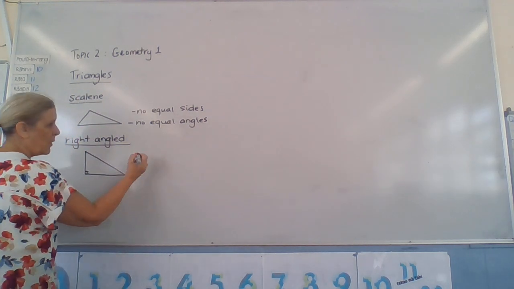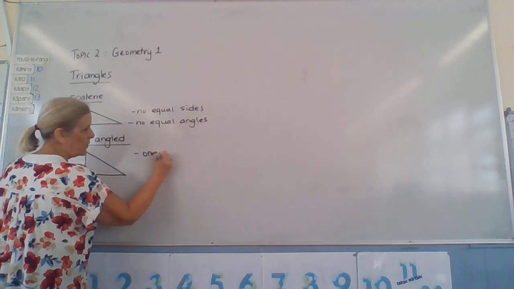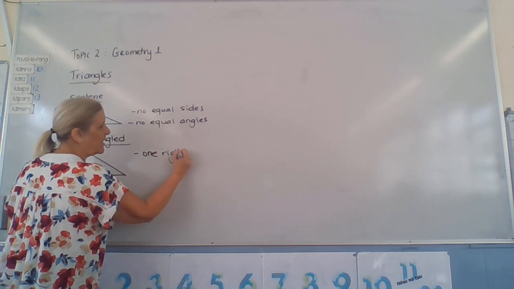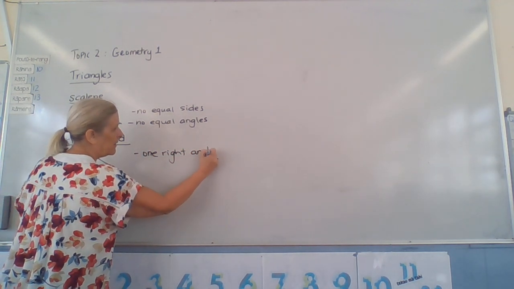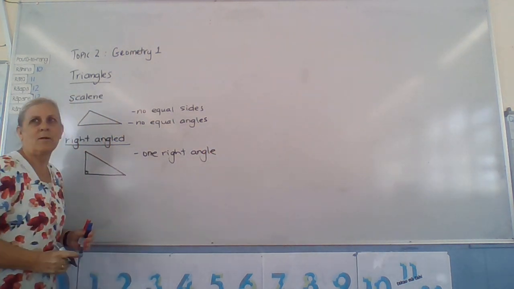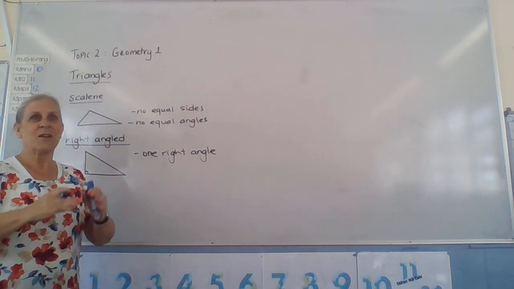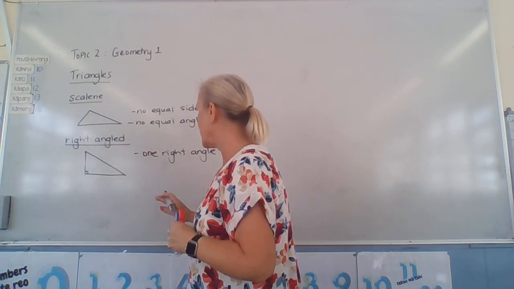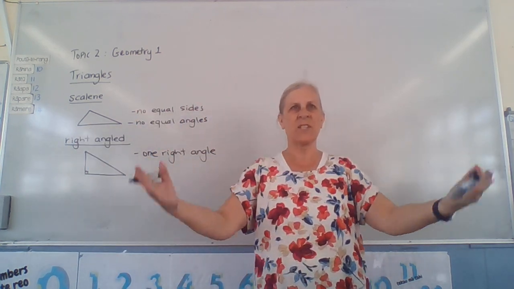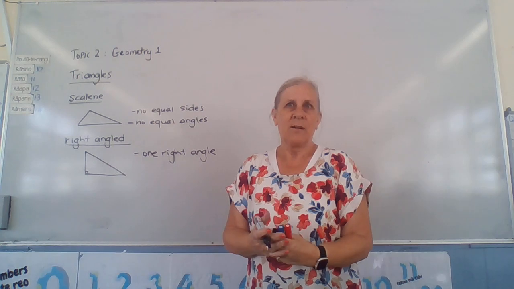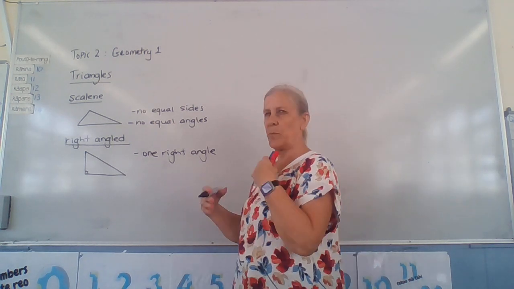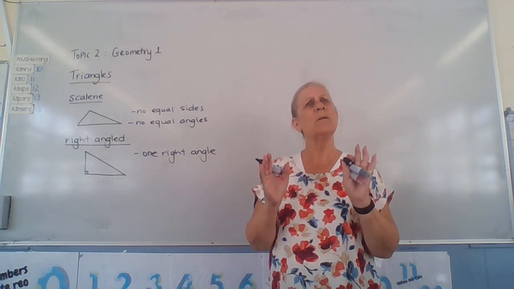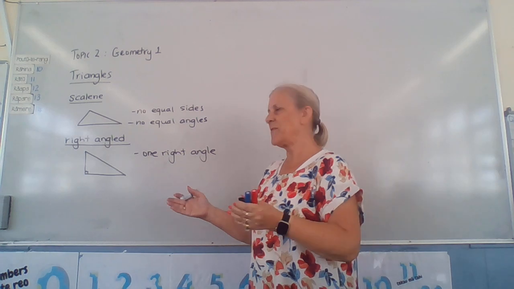All right? One right angle. Can't have two right angles, why not? Because you can't join the sides up, can you? You've got two right angles, you can't join the sides up unless you're in some sort of spherical world. You could if you're in a spherical world, but it's complicated. But since the world is flat. Oh, absolutely, the world is flat.